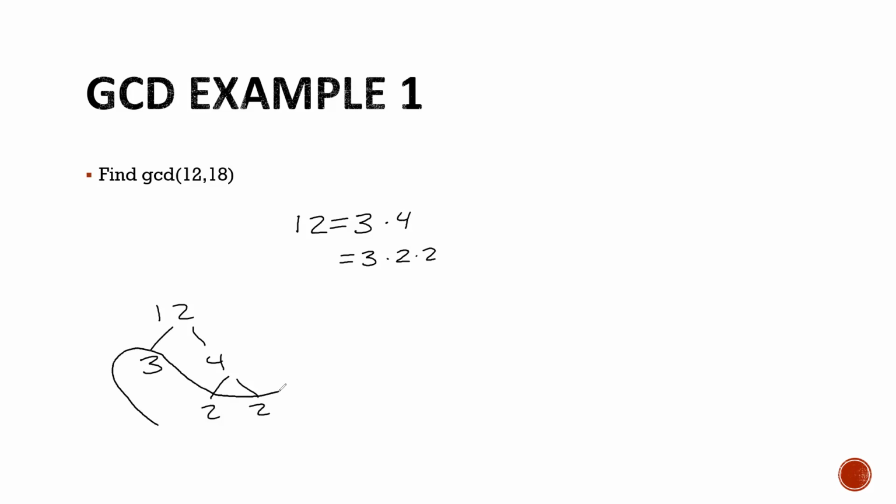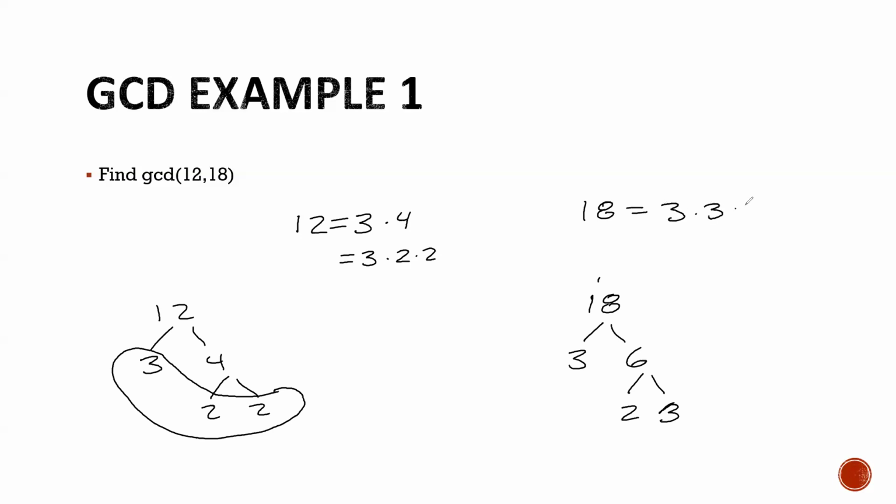And so they get what are called the prime factors of this. So this is one technique that's used for this. If I do 18, I could do 18 is 3 times 6, and 6 also breaks into 2 and 3. And then I would have 18 is equal to 3 times 3 times 2.